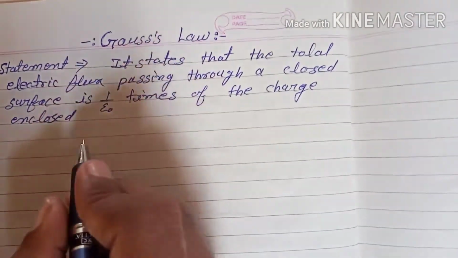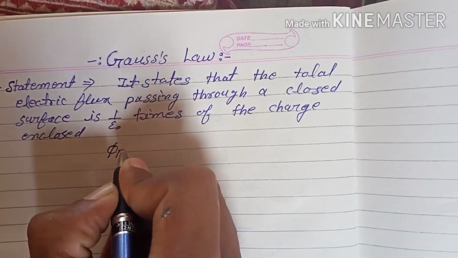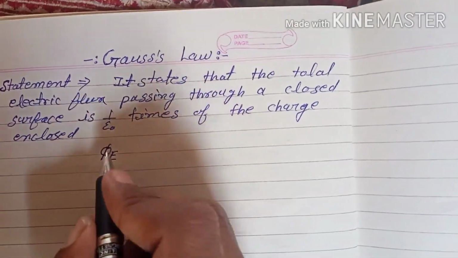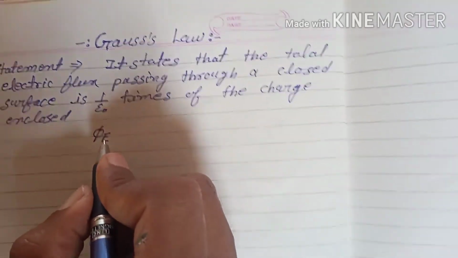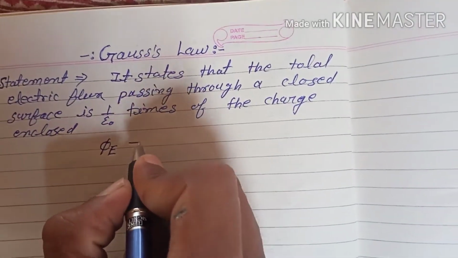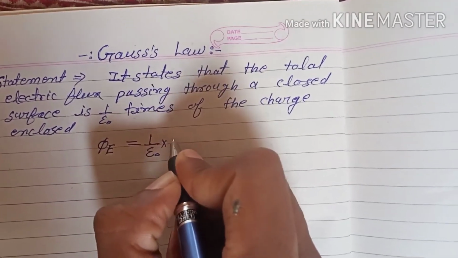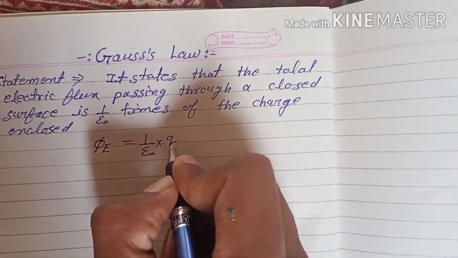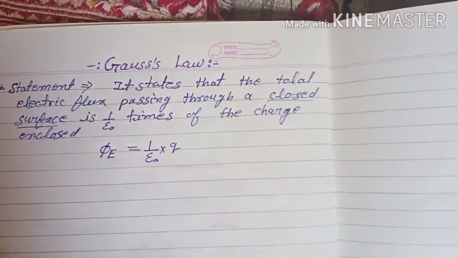So we can say that the total electric flux is represented by phi E. So the total electric flux phi E is equal to 1 upon epsilon naught times the total charge Q enclosed inside the closed surface.